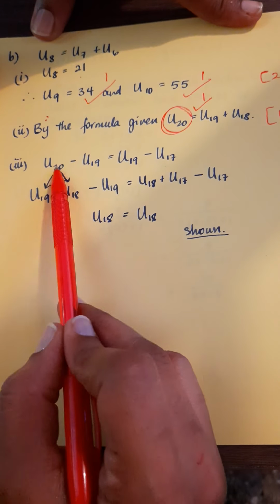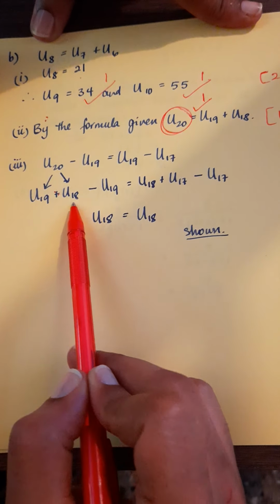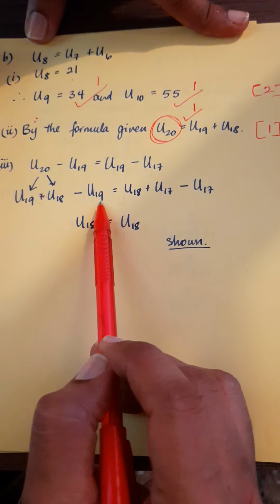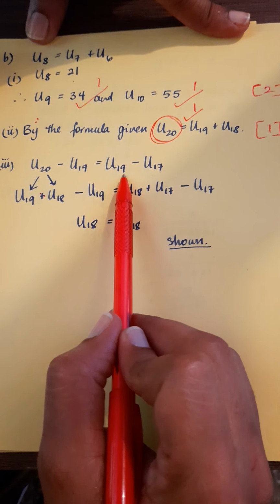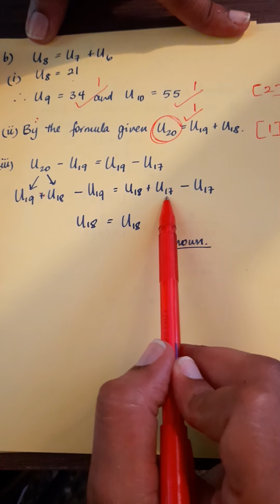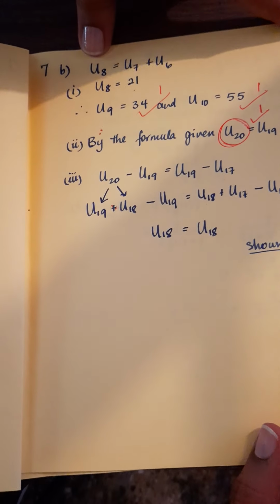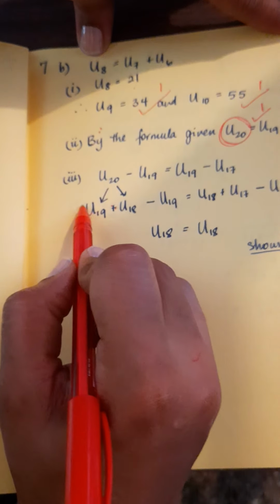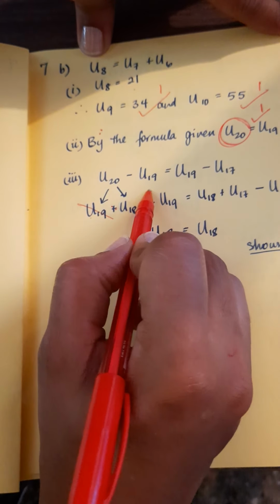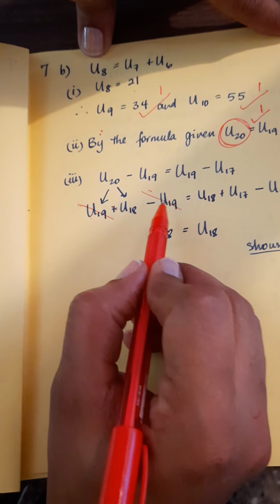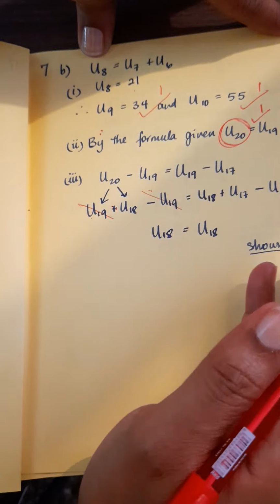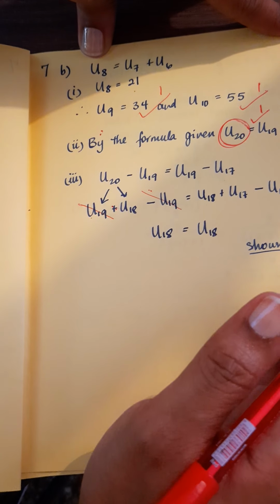So I've rewritten u20 as u19 and u18. They have minus u19 equals, now I'm going to do the same thing. I'm going to rewrite u19 as u18 plus u17. And what happens? Magic happens. This u19 cancels out with this u19, because positive u19 minus u19 is 0.